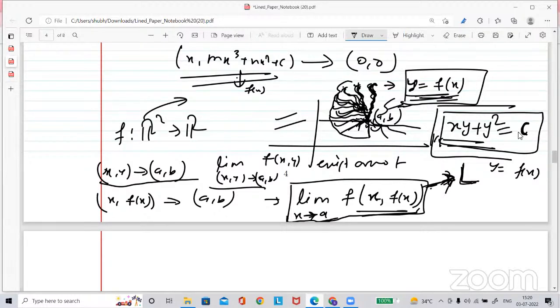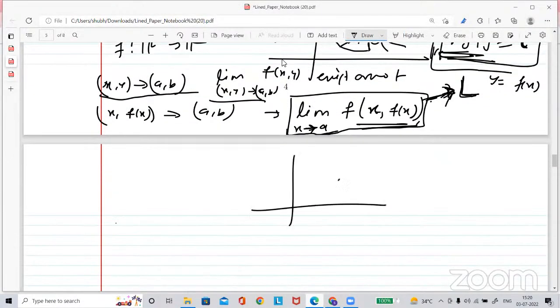Yes. So, this portion, let me write it again here. Suppose this point is here and we are approaching A, B along this curve. What is the equation of this curve? Let's assume the equation of this curve is xy plus y squared equals some number, let's say 5.